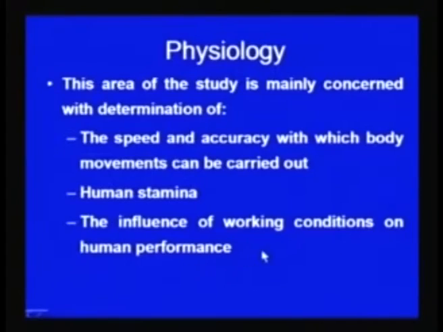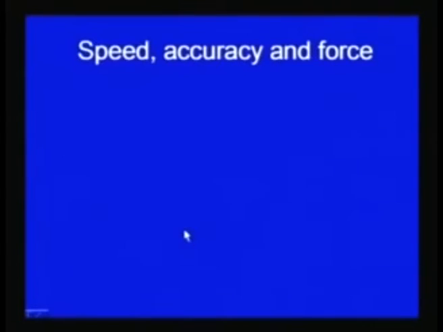So, in which way the different working conditions related with the work area affect the capacity, the performance and the efficiency of the human being is covered under the effect of working conditions on human performance, and these aspects will be covered in detail one by one.